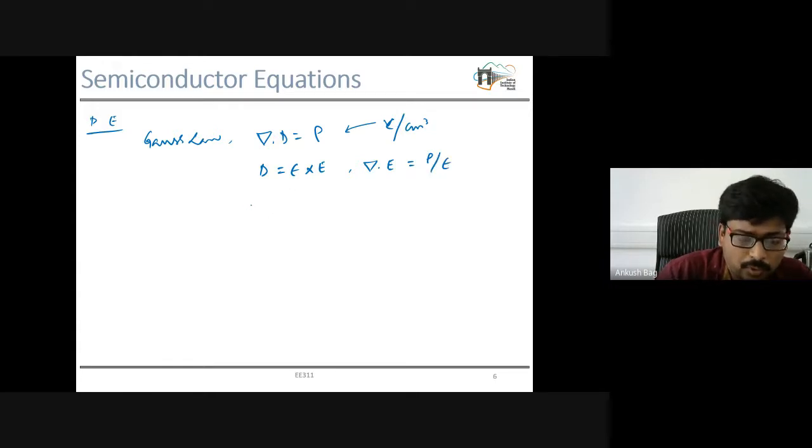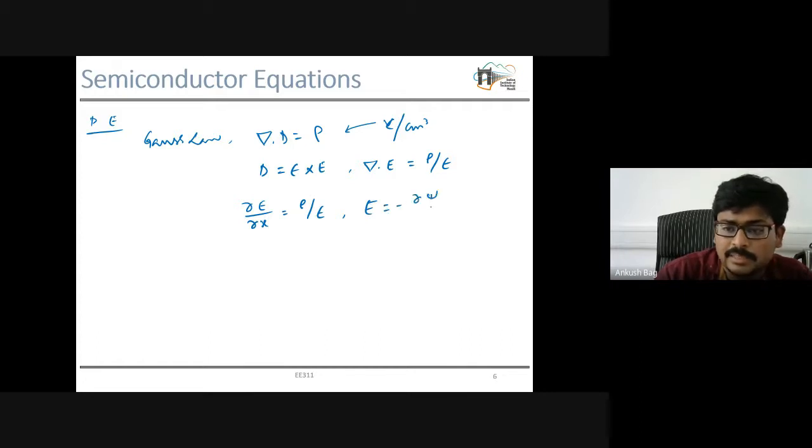Then for the one dimensional case, dE/dx will be equal to rho by epsilon. And as we know, electric field equals minus d psi/dx, the simple relationship of electric field with the potential.